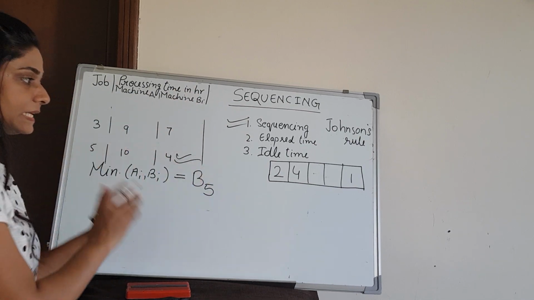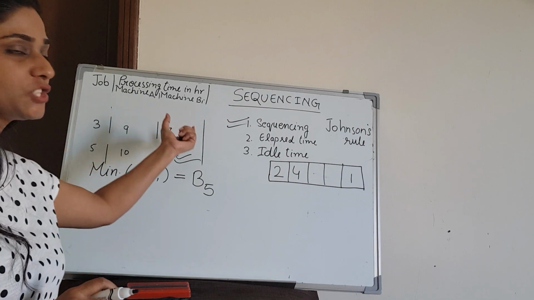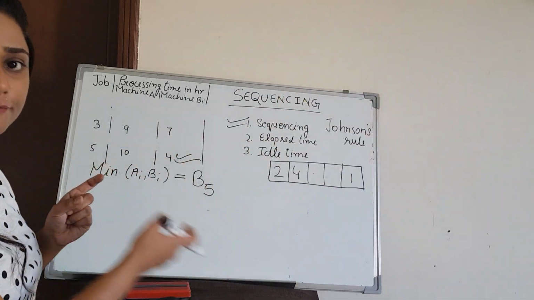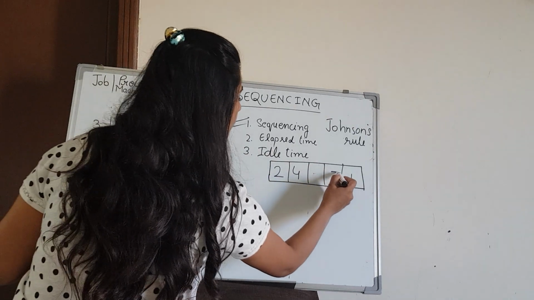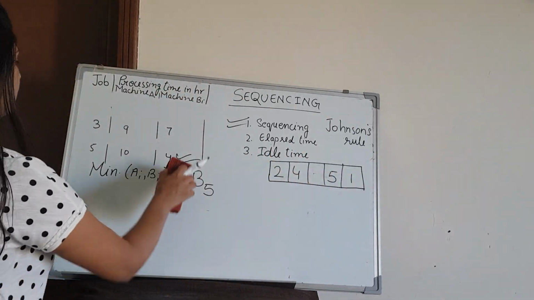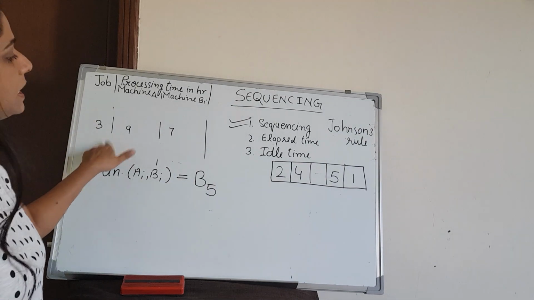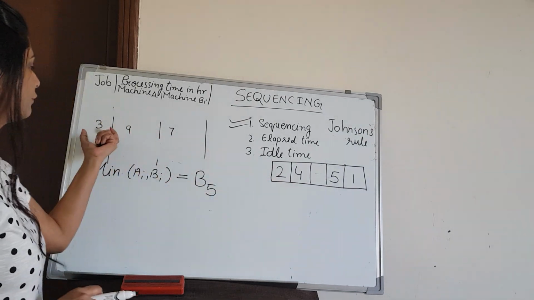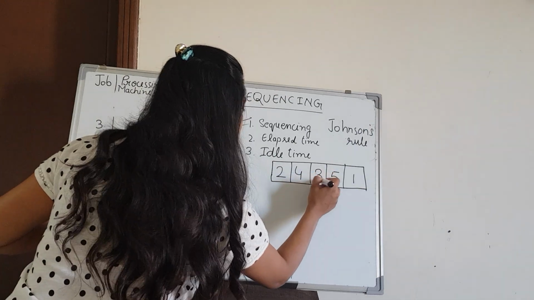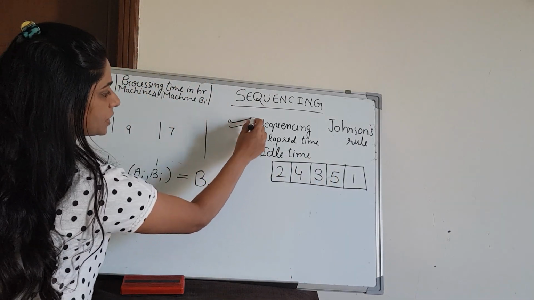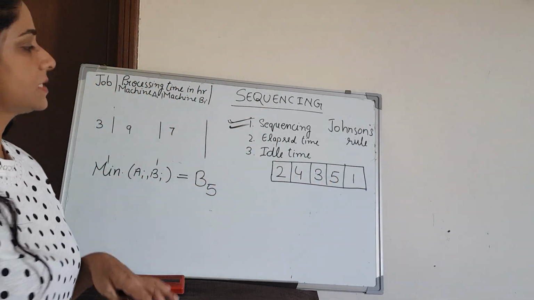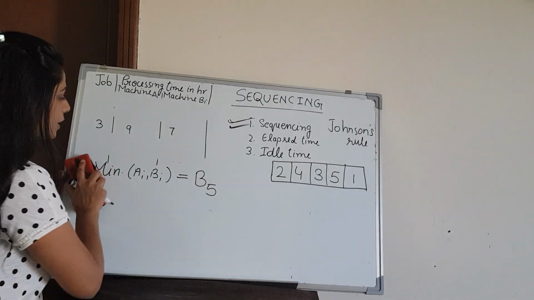So the fifth job we will fill from the right hand side, from the ending point. Now we will remove this row. Now you can see only 1 job is left and 1 box is left, so we will fill this job in this box. Now this is our optimal sequence which we were trying to find.